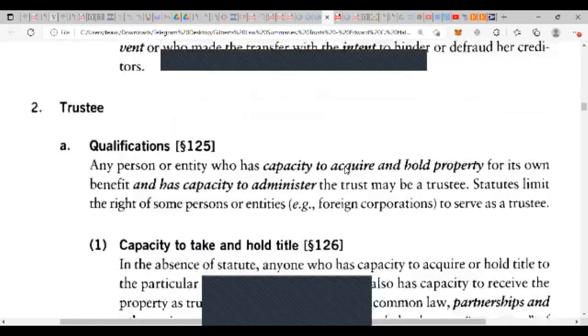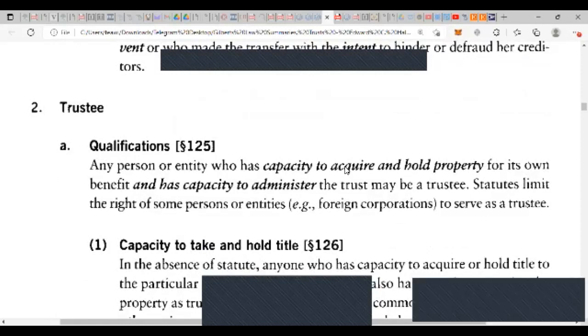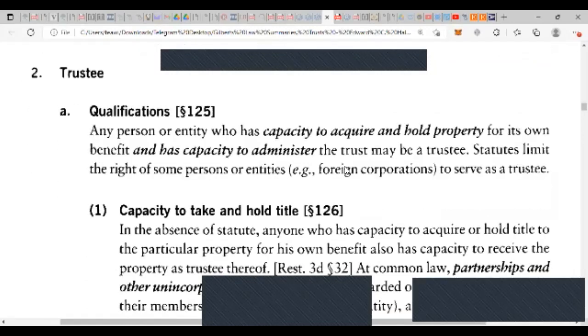Number 2, trustee. A, qualifications. Section 125. Any person or entity who has a capacity to acquire and hold property for its own benefit and has capacity to administer the trust may be a trustee. Statutes limit the right of some persons or entities, such as foreign corporations, to serve as trustees.